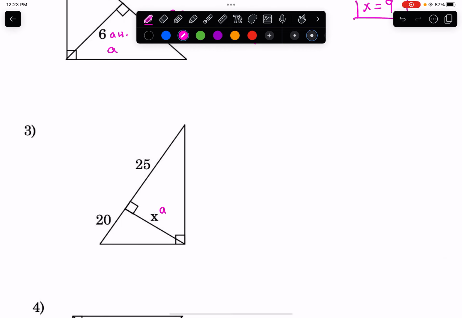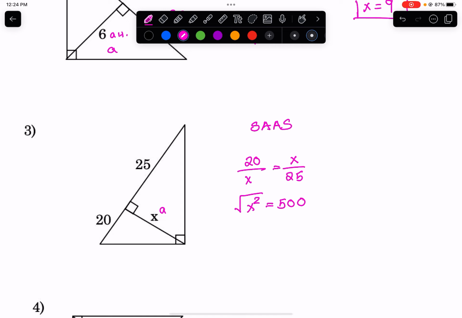Similarly, now we're solving for the altitude, so we can set up our proportion. Let me write that as a reference: side, altitude, side. 20 times 25, on the calculator, is 500.